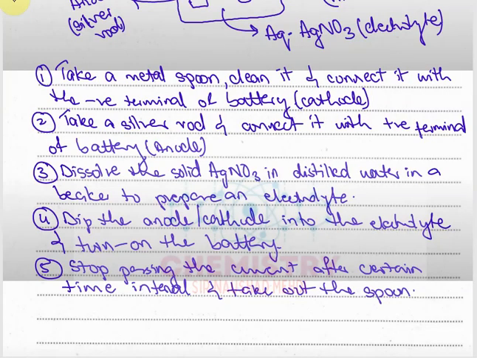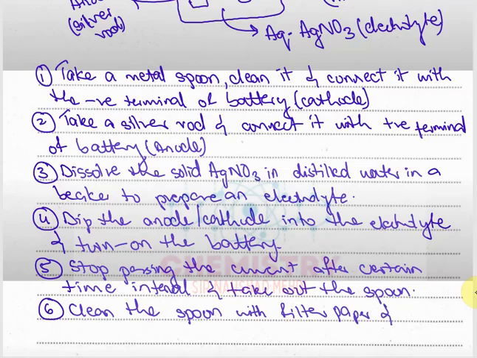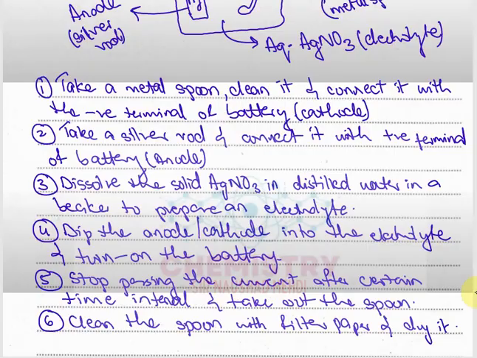When you take out the spoon, you will clean it with the help of filter paper. Clean the spoon with filter paper and dry it. After drying it, the electroplating has been done.